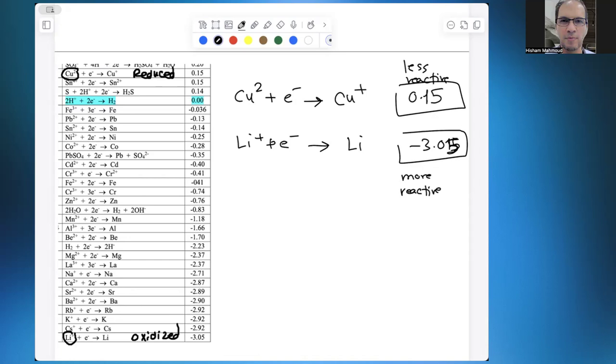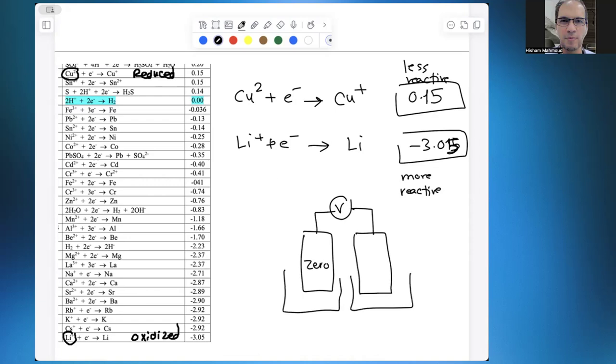In order to know these values, I put them together in front of a zero substance. So when I put it against a zero substance, the substance is zero, and the value for the lithium is what I want to find out. So what is the reading that I found on the voltmeter? Negative 3.05. But how did you know that this value is for the lithium alone?